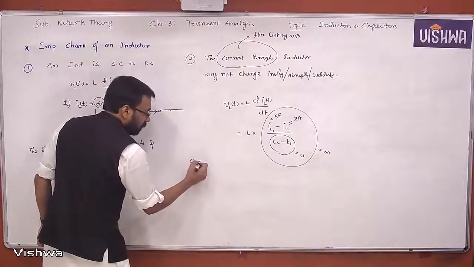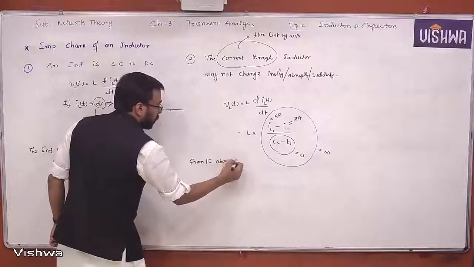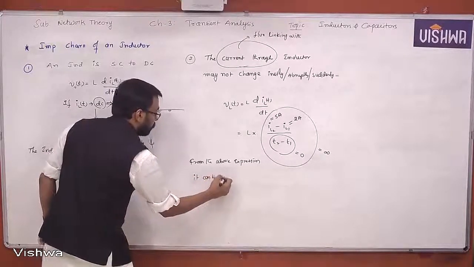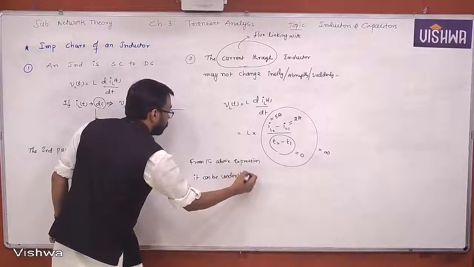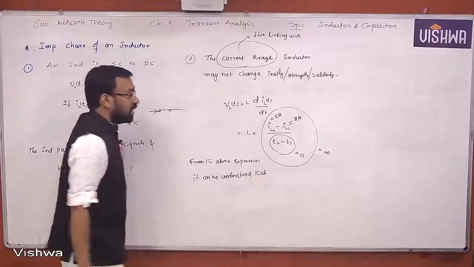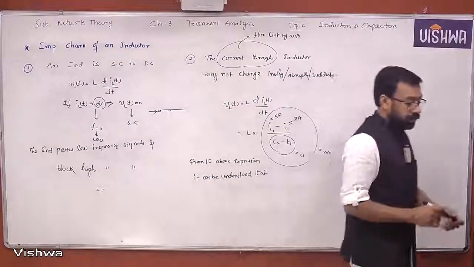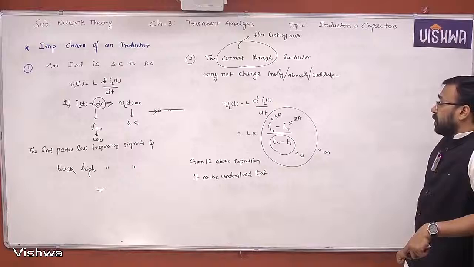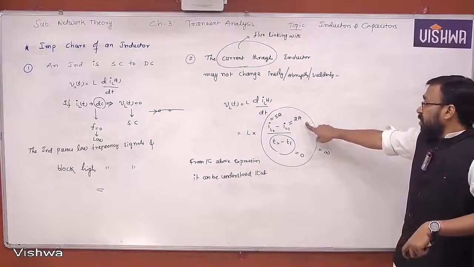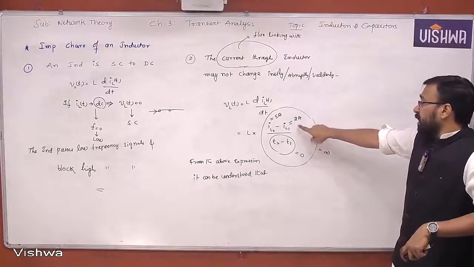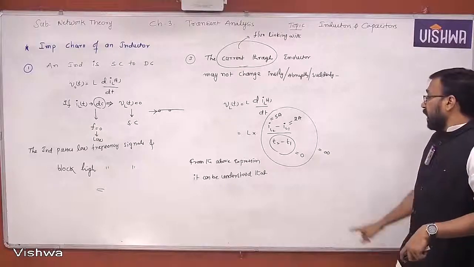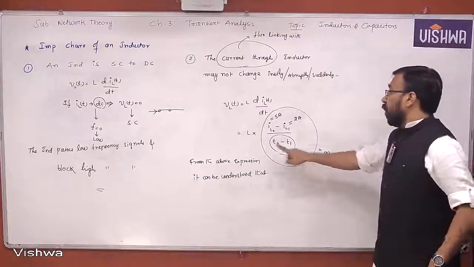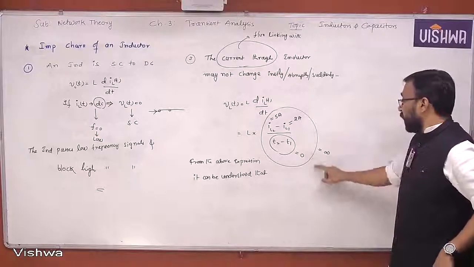From the above expression, it can be understood that to change current through the inductor from one value to other in zero time, the voltage across the inductor required is infinite.